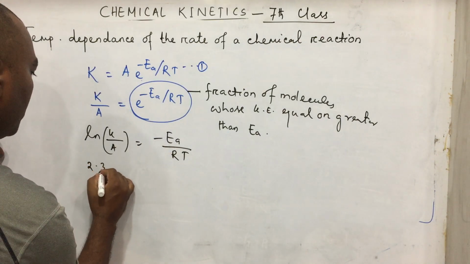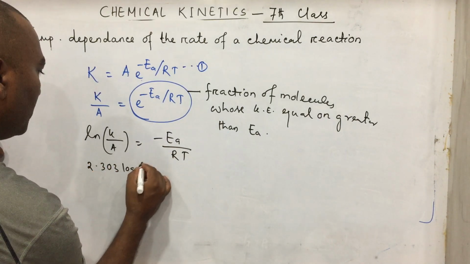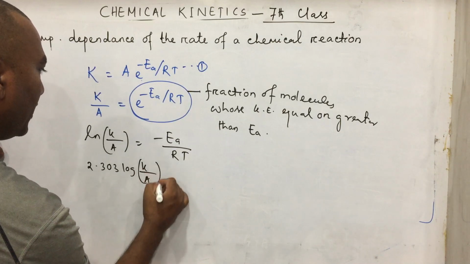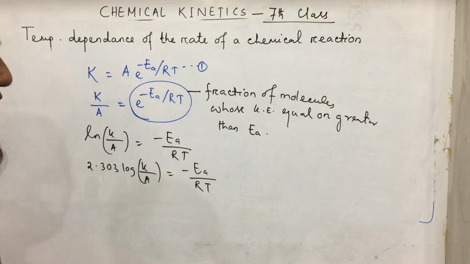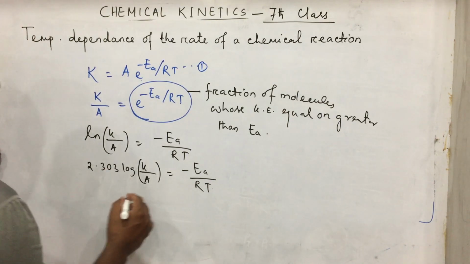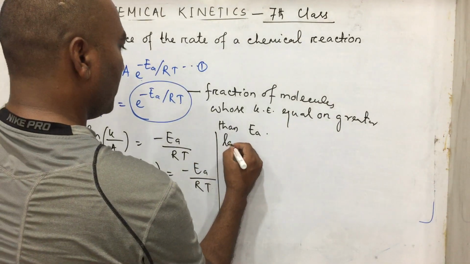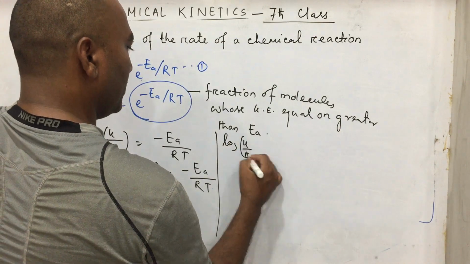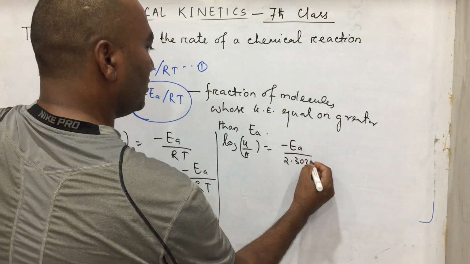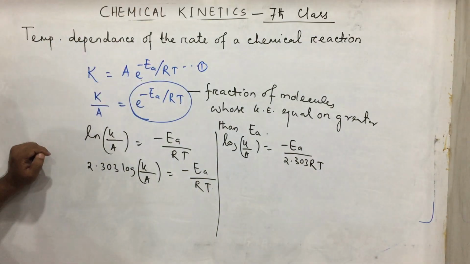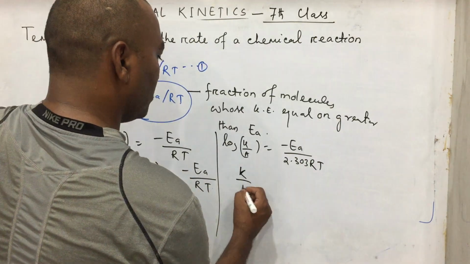So ln k by A equals ln of e to the power minus Ea by RT. Okay, convert into log form. So it is 2.303 log k by A equals minus Ea divided by RT. Okay, then log k by A equals minus Ea divided by 2.303 RT. Okay, then k by A equals this.